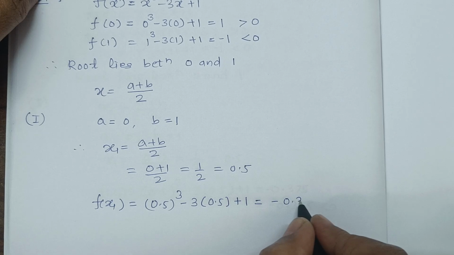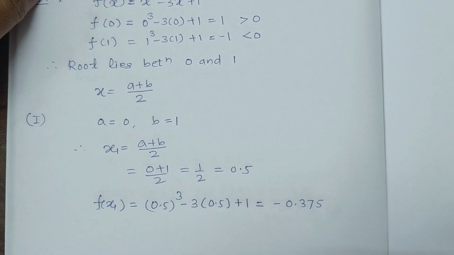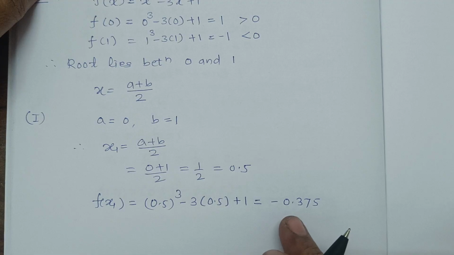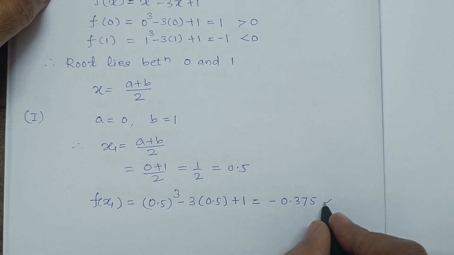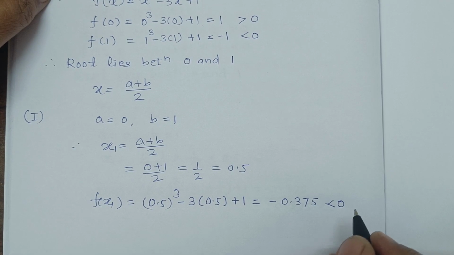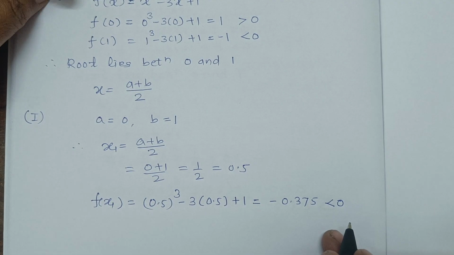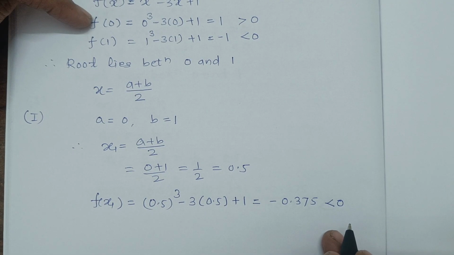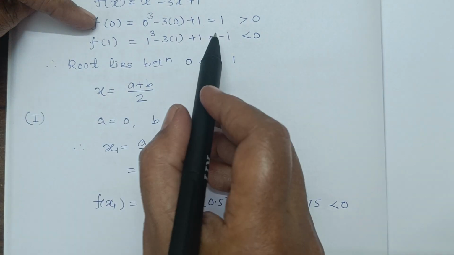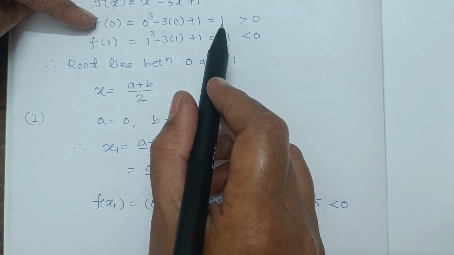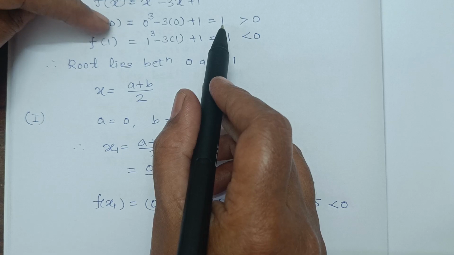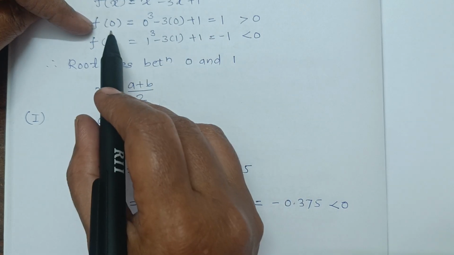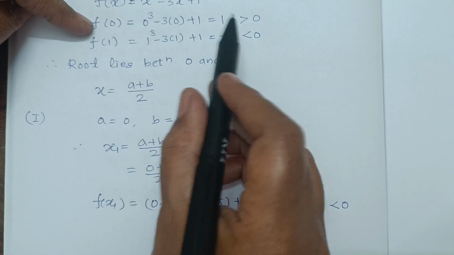0.5 cube minus 3 into 0.5 plus 1, and this is equal to minus 0.375. ये वैल्यू नेगेटिव है. This value is less than 0 and previous greater than 0 value is for x is equal to 0, which is 1.